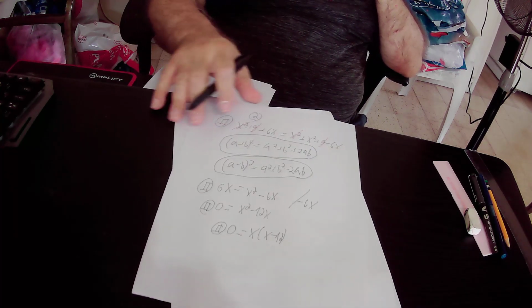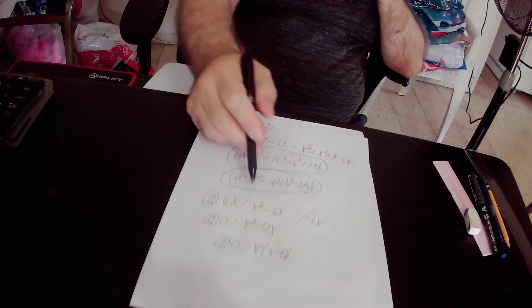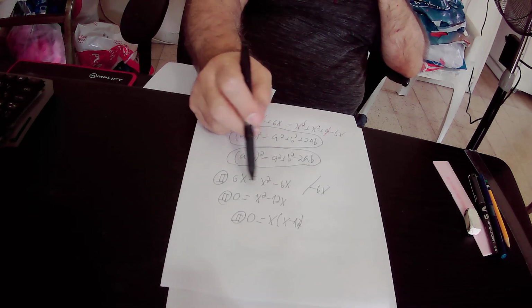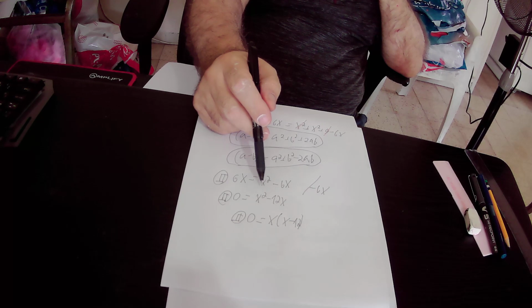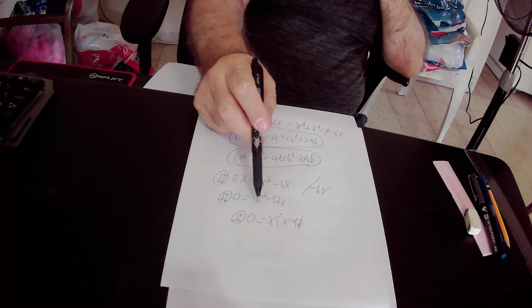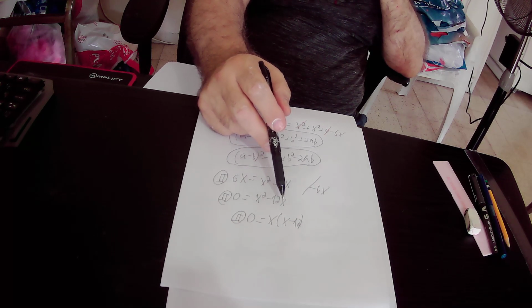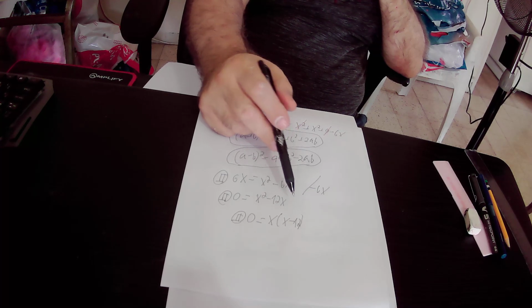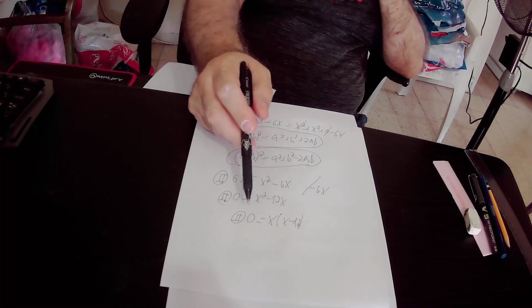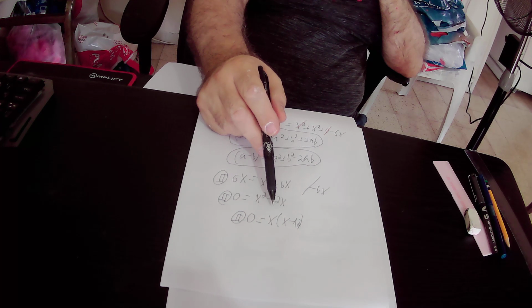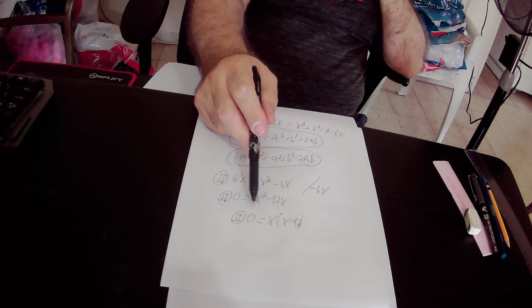So actually here we took a common factor x out of this equation. We got that 0 equals x times x minus 12. Actually we have two solutions to this equation.